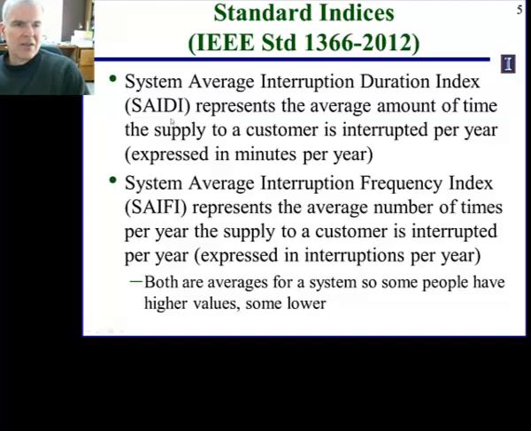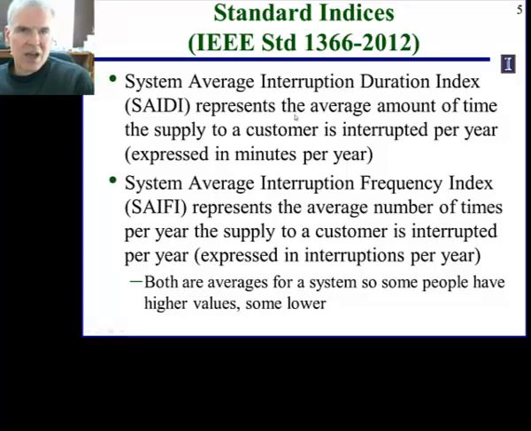So to calculate this value, the utility takes the total minutes that people were outaged and divides by the total number of customers they have, and that gives them this value expressed in average amount of time per customer. Related to this is the System Average Interruption Frequency Index, which represents the average number of times per year the supply to a customer is interrupted. Okay, and that's expressed in terms of interruptions per year.